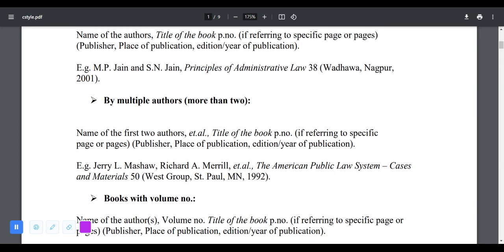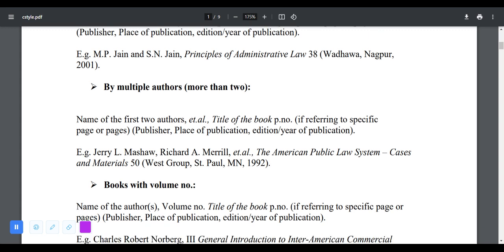Good. Suppose you are writing content and you find a source where the book has multiple authors. In such a case, what do you have to do?